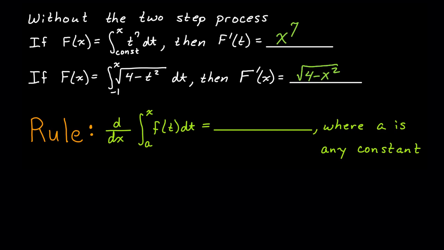It's pretty easy. And so putting this in a notation, if we take the derivative, which means d dx, of this integral, which again means the derivative of an antiderivative, all you are going to get is the original function in terms of x.